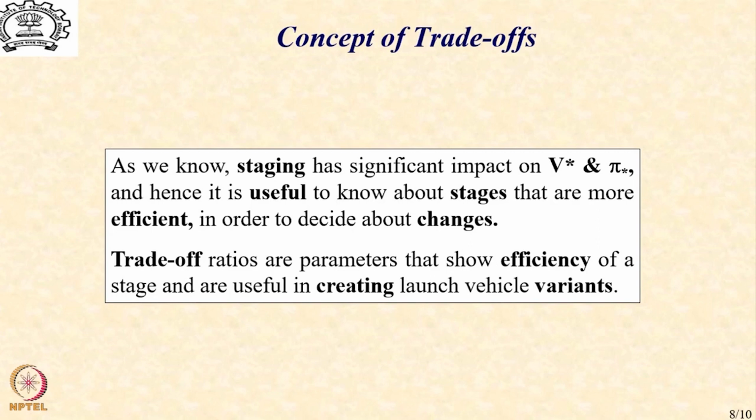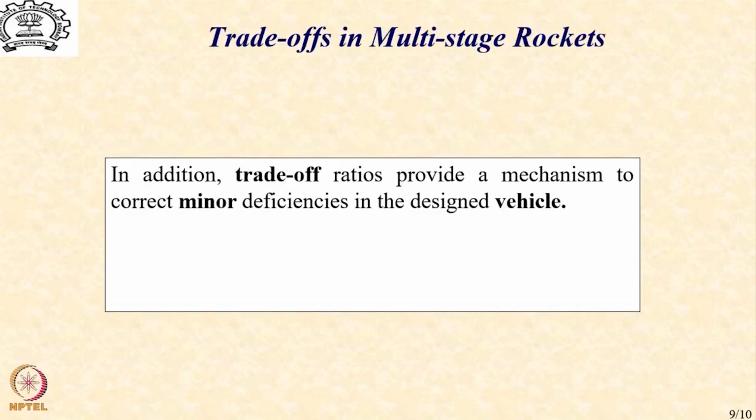So, by looking at the sensitivity magnitude, we will be in a position to determine which are the more efficient stages for making a particular kind of change, and then of course it is going to be useful in creating the launch vehicle variants.